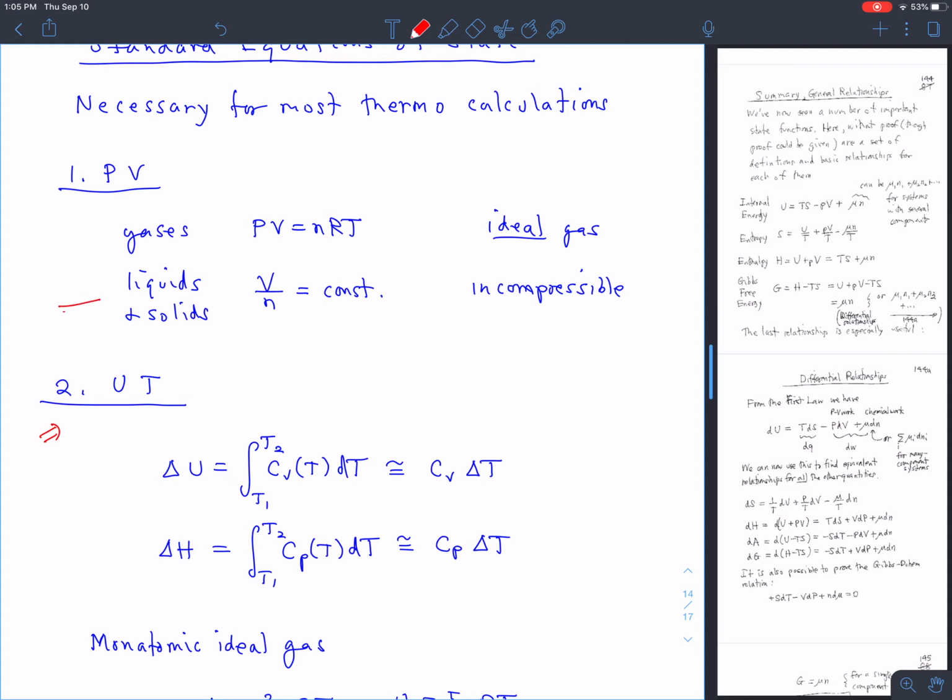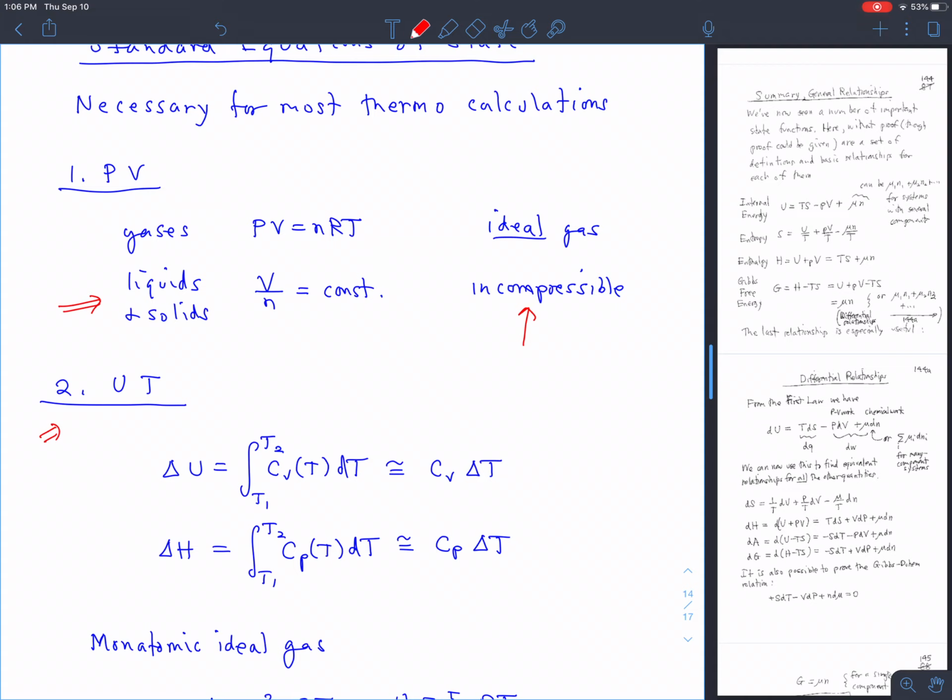Then for liquids and solids, the fact is that it's really hard to compress a liquid or a solid, as you can imagine. Imagine putting some water into, let's say, a steel cylinder and standing on a plunger. Will you compress the liquid? Even 100 pounds of pressure is probably not enough to appreciably compress a liter of water.